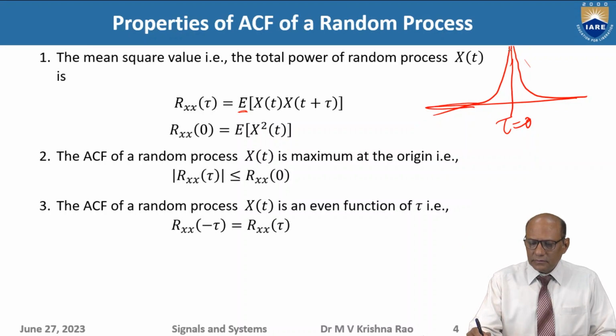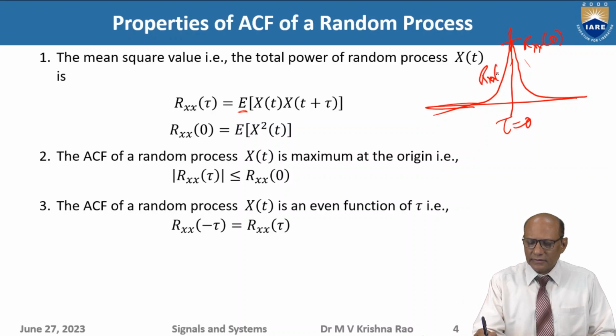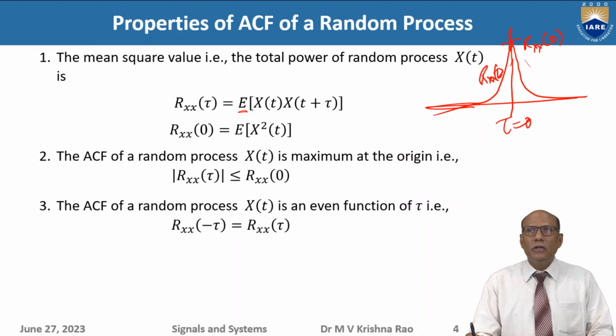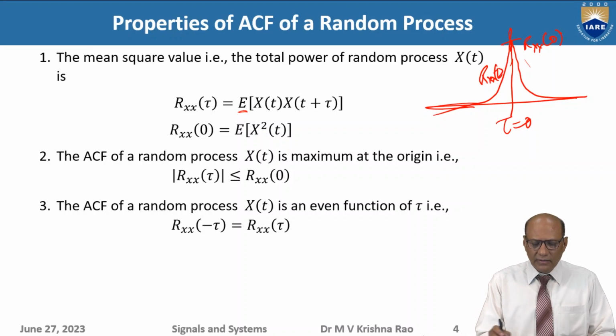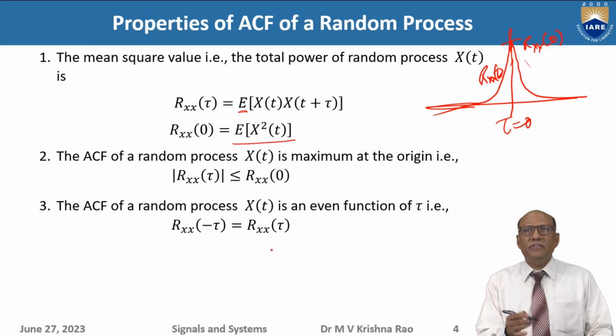And at tau equal to 0, it reaches the maximum. So this is RXX of 0, and this is RXX of tau. The peak value occurs at the center, and that is equal to the expectation of x square.